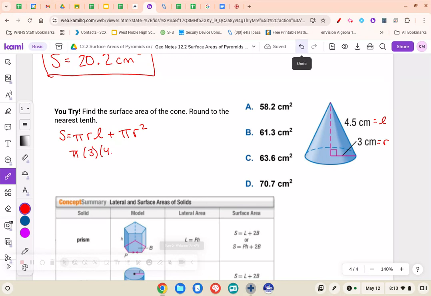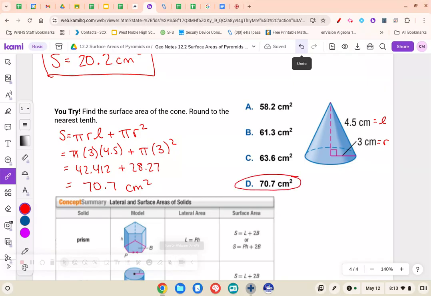Our slant height is 4.5. Use your calculator. Once again, I'm keeping a lot of decimal places, and then I'll round at the end. We get 70.7 square centimeters, or D, for your solution.